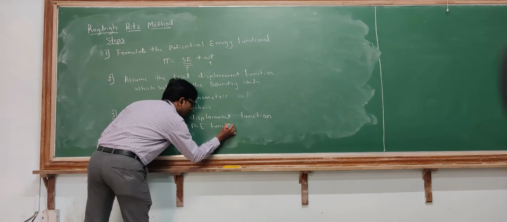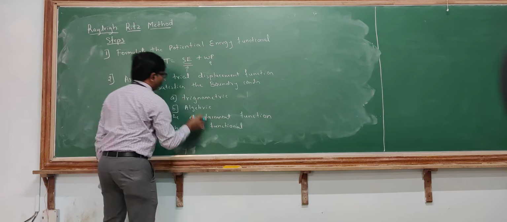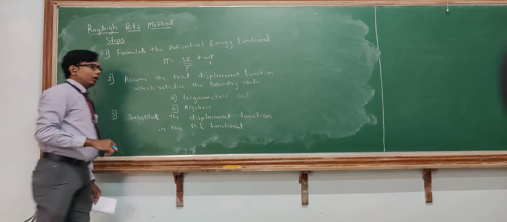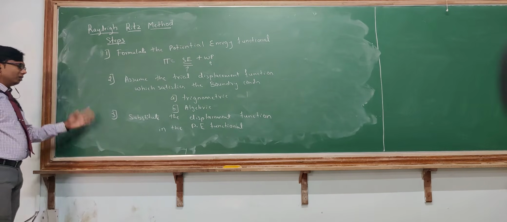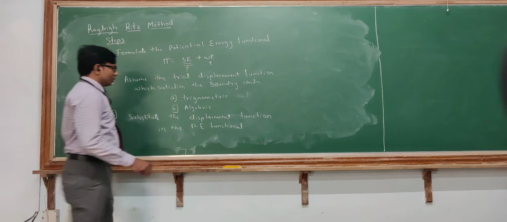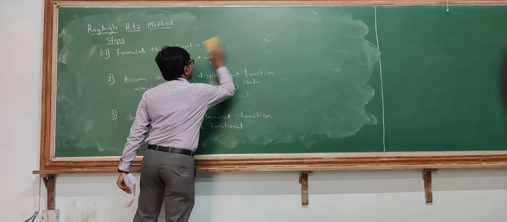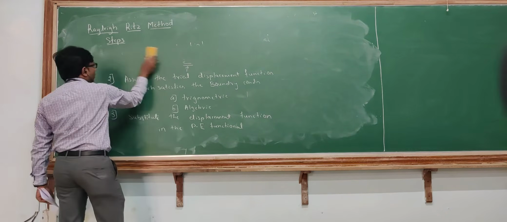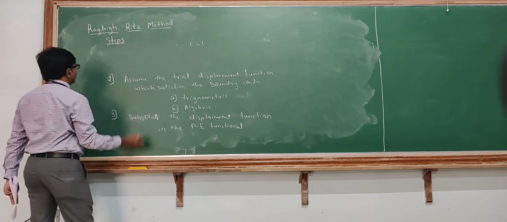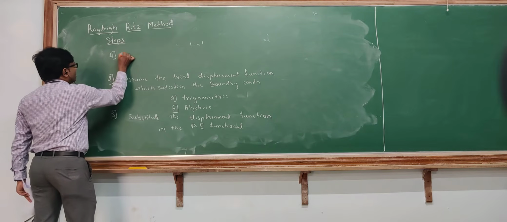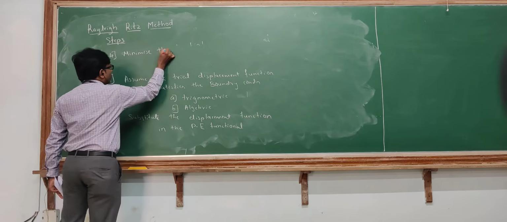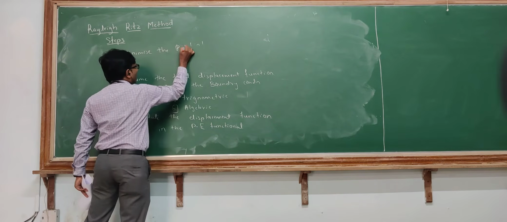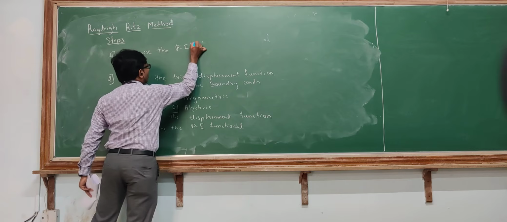Whatever displacement function we have assumed, we have to substitute back into the potential energy functional. Okay, so that will be the third step. And the fourth step is you have to minimize the potential energy functional.